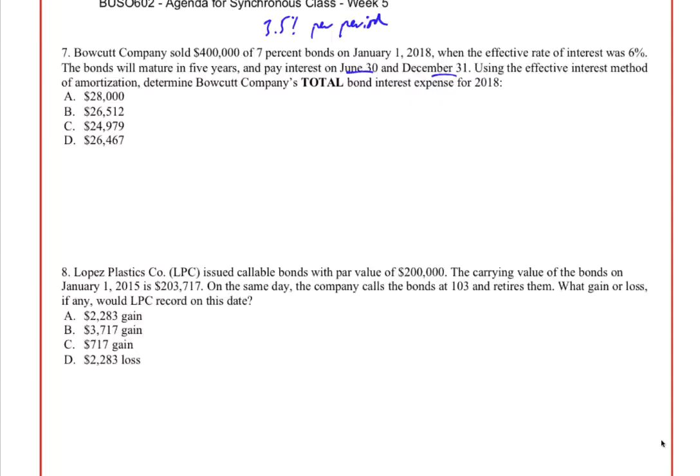So I'm going to go straight to the calculation in the spreadsheet and work out what the issue price of the bonds is and what the interest is. So in effect, do the whole of the amortization table. And as I say, I strongly recommend you actually have an amortization table to hand. And so let's go to that.